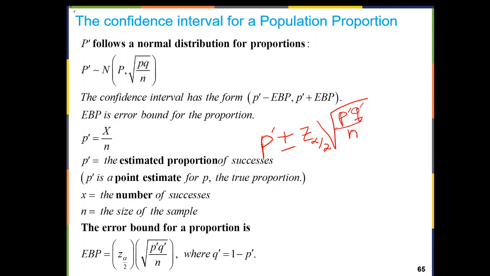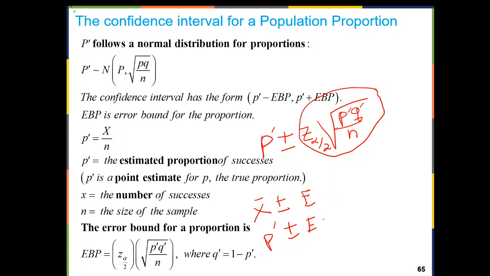So that is the error, right? In all of these examples, we have x bar plus and minus some error, and then we have p prime now plus and minus some error. Now this error, we call it the error for the mean, and this one is error for the proportion, right? So that's the idea of error.